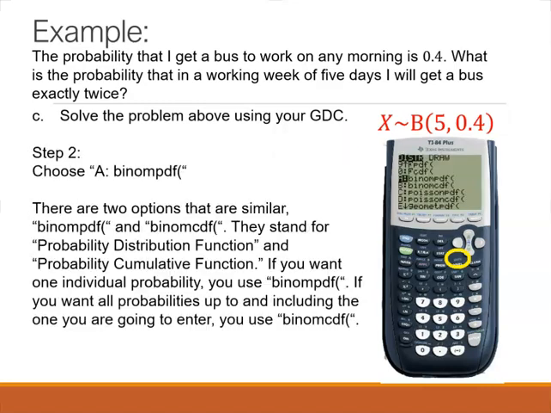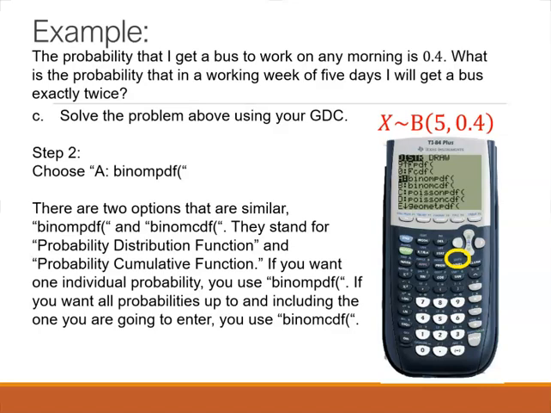You'll scroll down until you see binomial PDF. It's option A on my calculator. PDF stands for probability density function. Notice below it is also binomial CDF. That's cumulative probability function. Here's how you know which one to use and when. Are you ready to hear? PDF is if it's X equals.